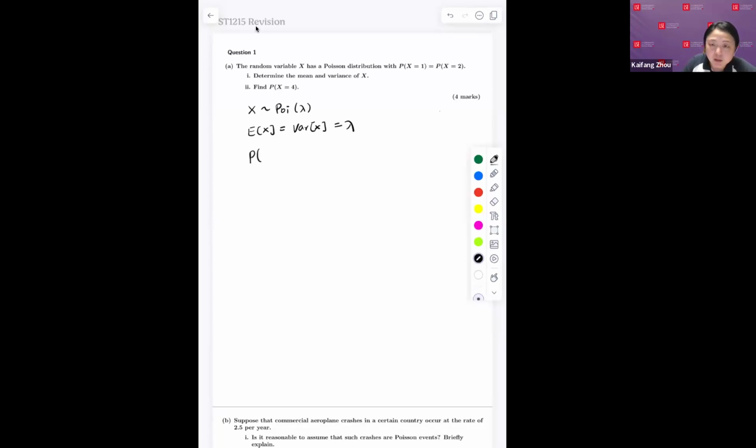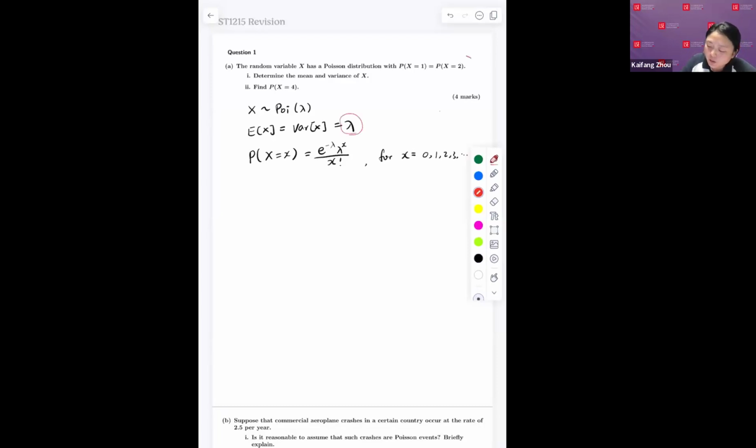This means that probability of X equal to x is equal to e to the power minus lambda, lambda to the power of x over x factorial, for x equal to 0, 1, 2, 3, etc.